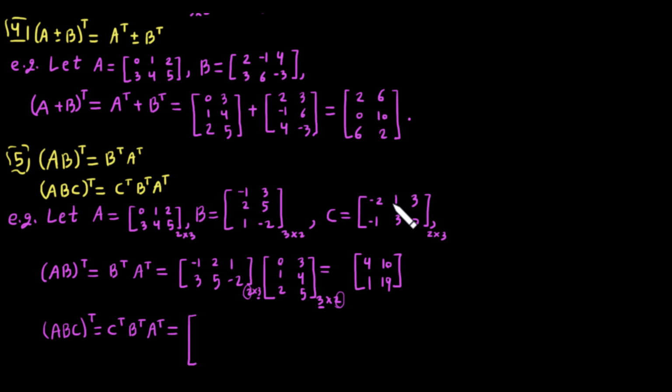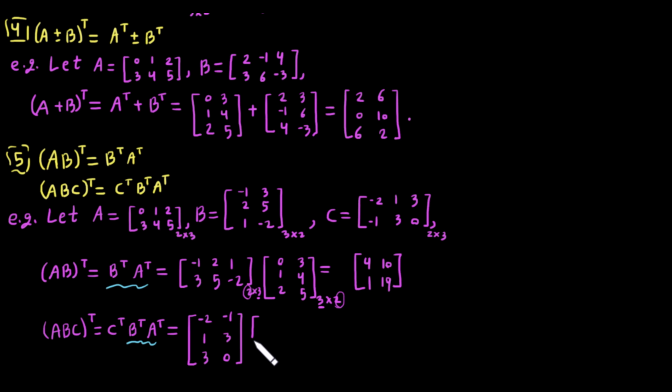The first row here will become the first column here. So -2, 1, 3, -1, 3, 0. We don't need to compute B transpose A transpose since we have it here. Since this one is equal to this one, I will write this one here.